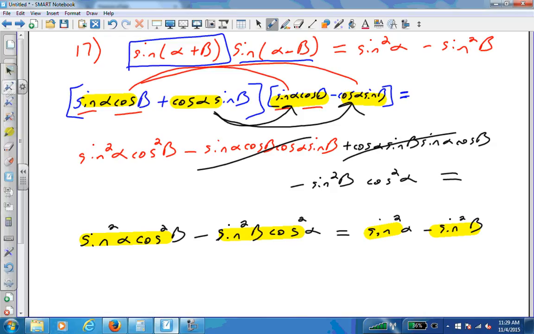So let's see what happens if we get rid of these cosines by making a substitution. Where we have cosine squared, let's change it to 1 minus sine squared of that angle.